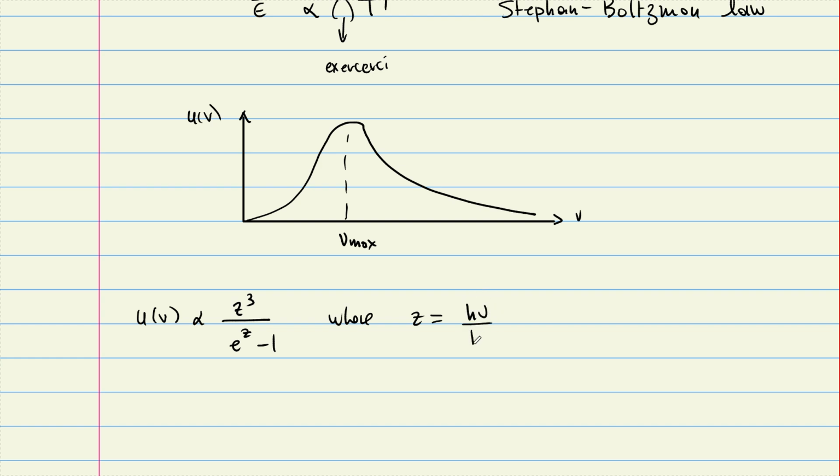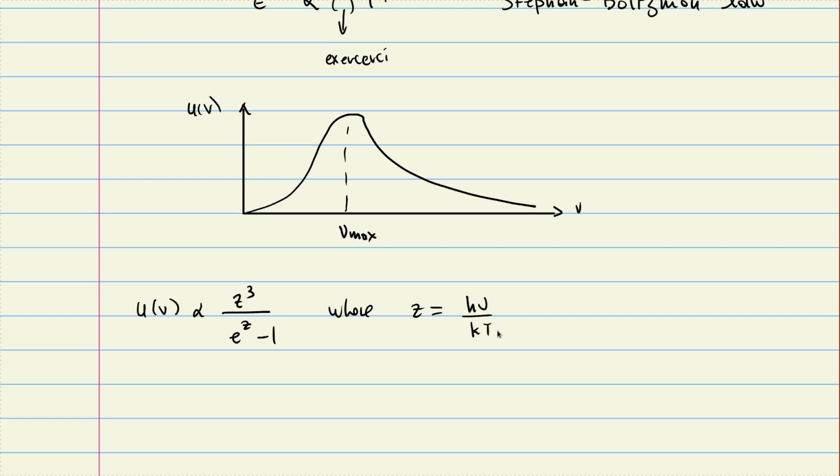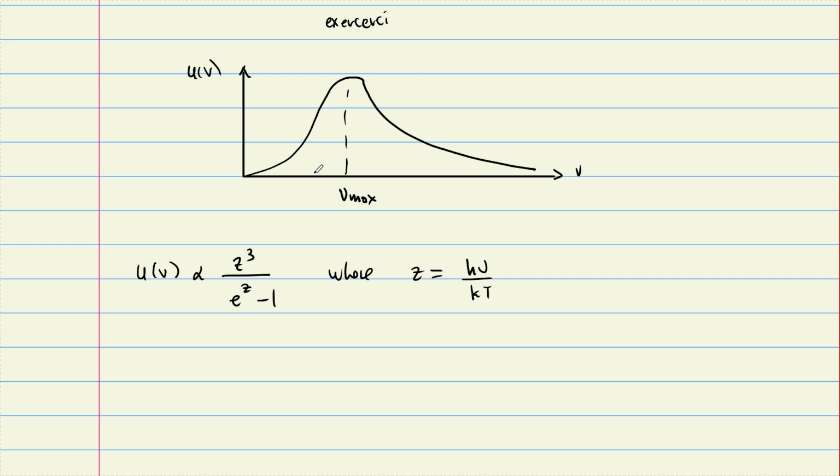h nu over kT. And how do I find the peak? I am trying to find z max, and if I can find z max, I can find nu max. How do I find that from this function? Right, you take the derivative and set it to 0.